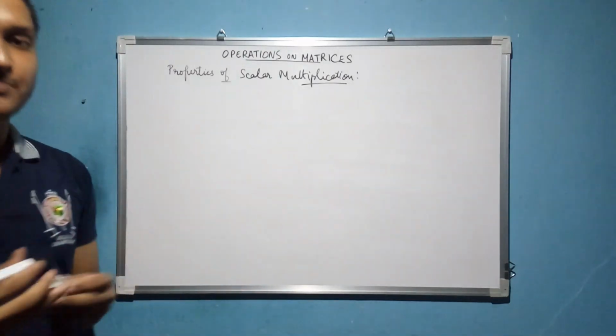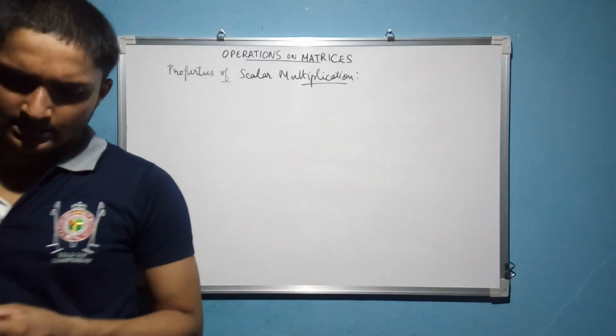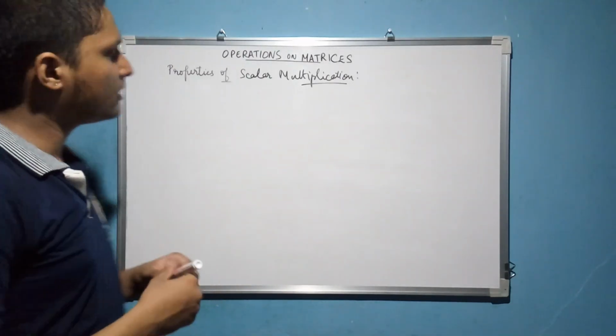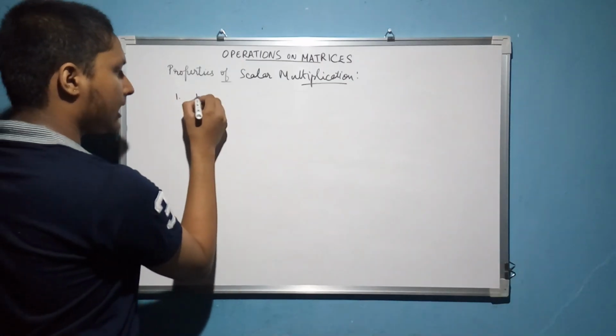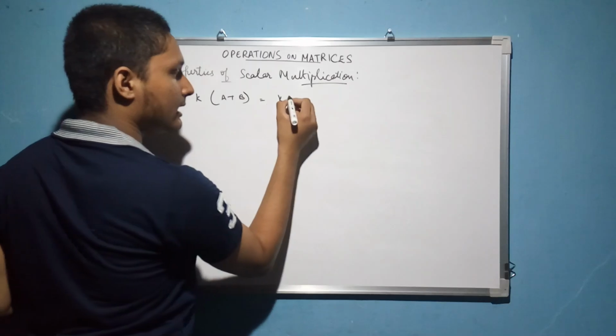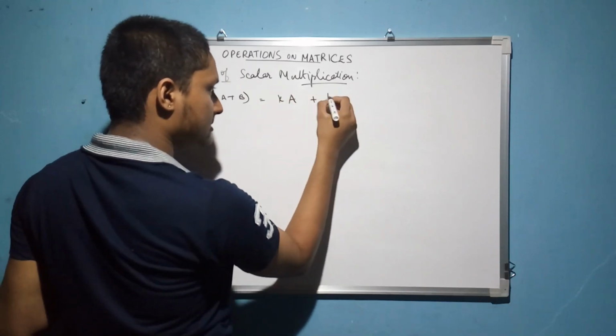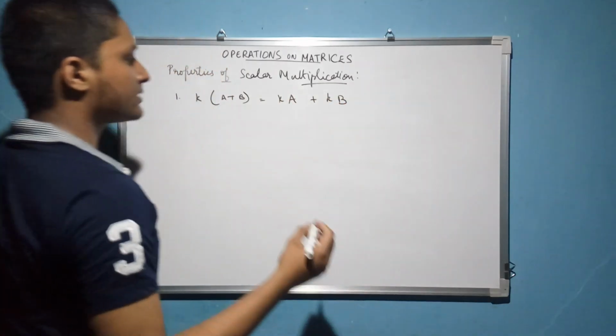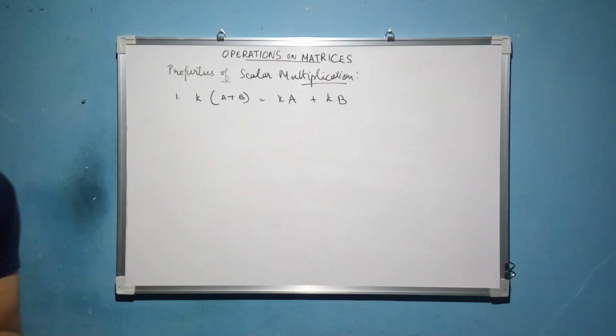So what could be the properties of such things? If you have k times the sum of two matrices, that is going to be k into A plus k into B. So this multiplication is distributive over matrix addition, which is what you are going to learn here.